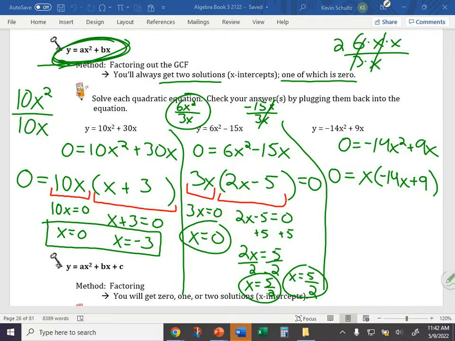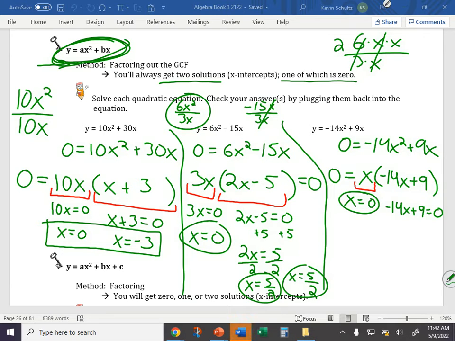Okay? So now we're looking for what value makes each of these expressions equal to 0. What value for x makes x equal 0? There's our freebie, right? x equals 0. The other one, again, a little more complicated expression, but we're looking for what value for x makes negative 14x plus 9 equal to 0.